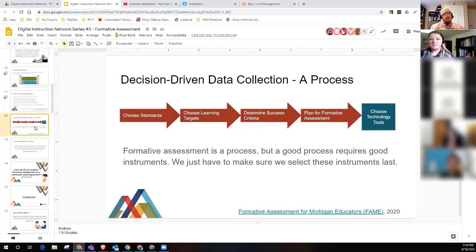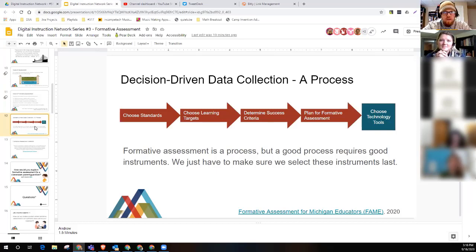This is the process we're using for decision-driven data collection, which ordinarily we would talk about as data-based decision-making, but we want to reframe that a little bit and talk about decision-driven data collection. So part of this has to do with recognizing how the data collection process really happens and what it needs to look like when you're doing it well.